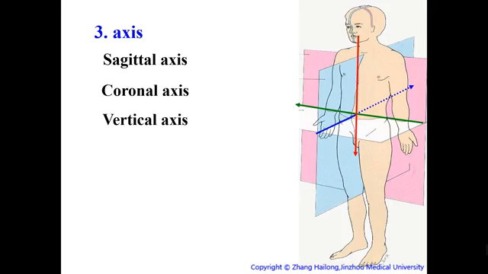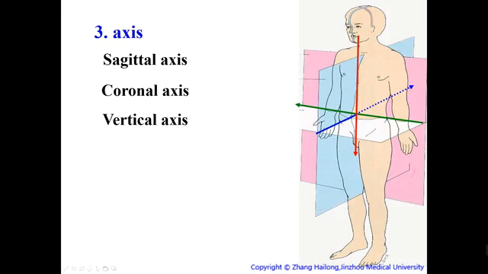Okay, now I'll introduce the axes of our body. We use them to describe the body, so I'll give you three axes. There are three axes you see in the picture, in three different colors. First one, the sagittal axis.